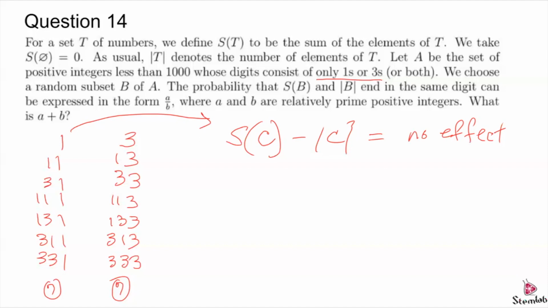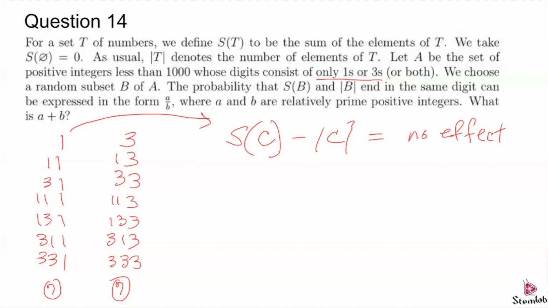So if we already have a subset where the units digit of the cardinality and the sum are equal, then adding any of the elements that end in 1 has no effect. So we can choose to add or not add any of those 7 items.